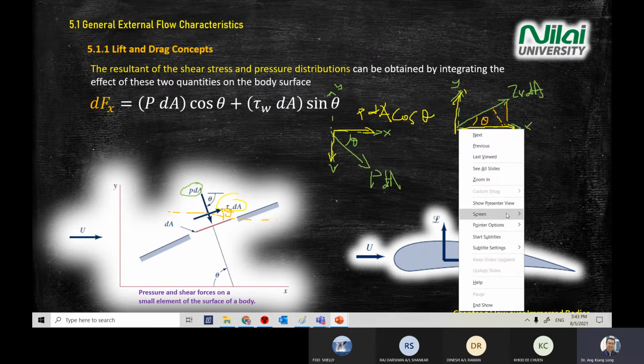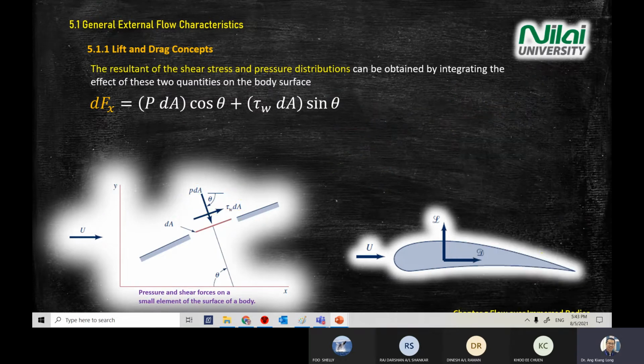By the way, we will come back to this one. This is more on mathematics. All right, so you will get stress dA sine theta, where you convert this one to X direction.